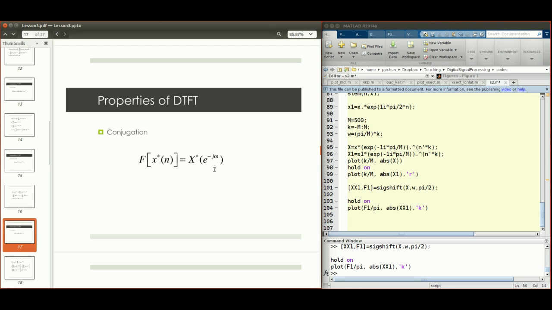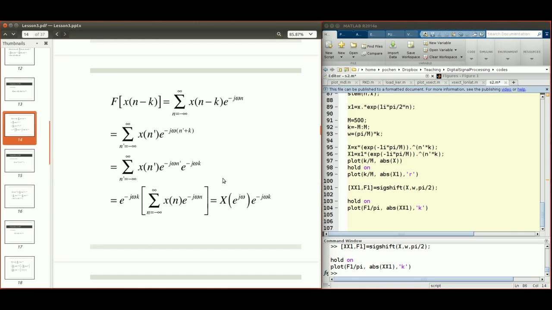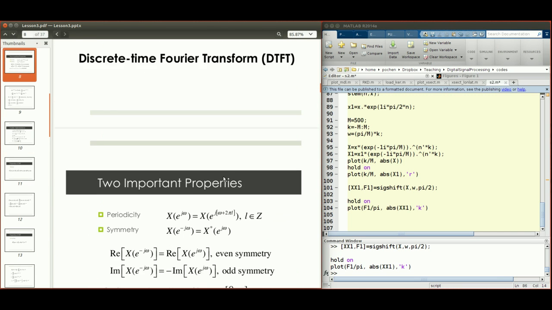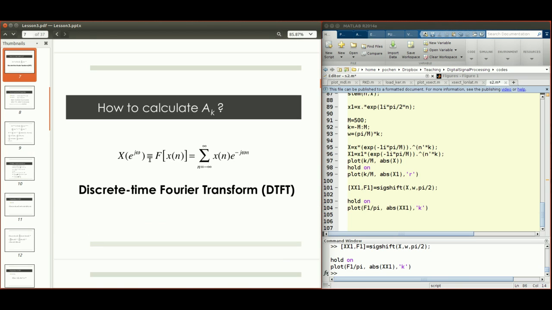This means there are two differences that we have to pay attention to. One is this star, which means conjugation. And then what's inside of this parenthesis is e to the minus j omega n. There's a minus sign here. If you compare it with the original Fourier transform formula, it's big X of e to the j omega.